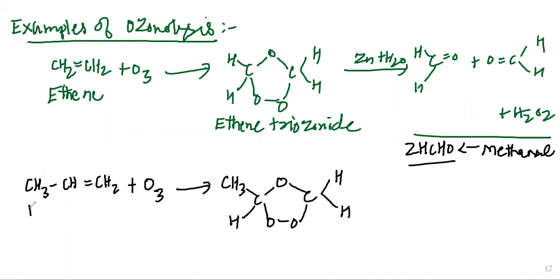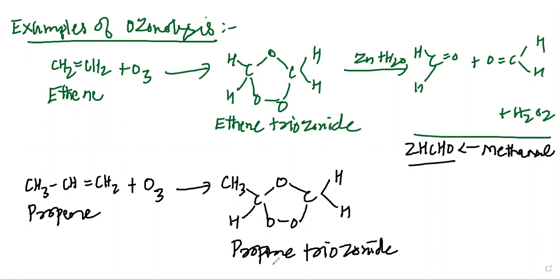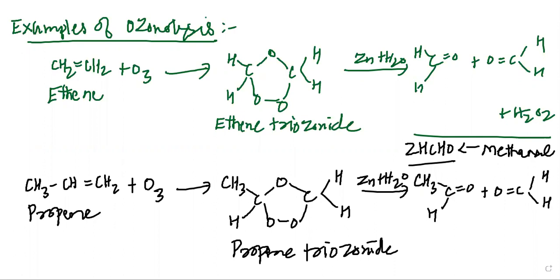This is propene, so we will get propene triozonide, or we can even call it just propene ozonide. And then when we allow it to react with Zn plus H2O, it's quite simple that we get CH3CH double bond O plus O double bond C, and then H and H. So finally, we'll get two products.